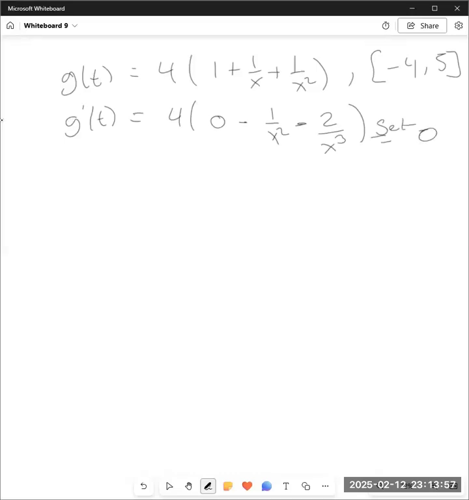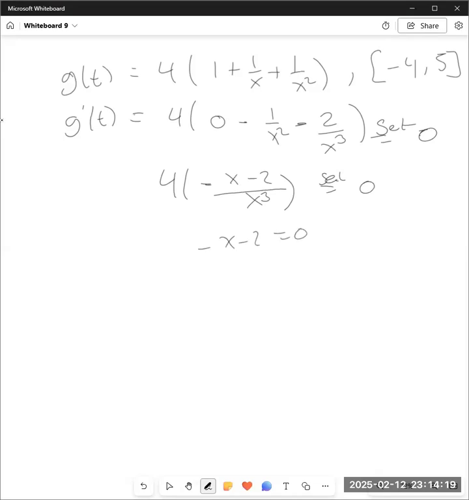So I'm going to have to make a common denominator here. That's going to be a negative (x + 2) over x³. And negative (x + 2) equals 0.